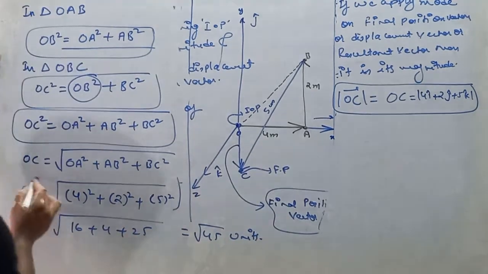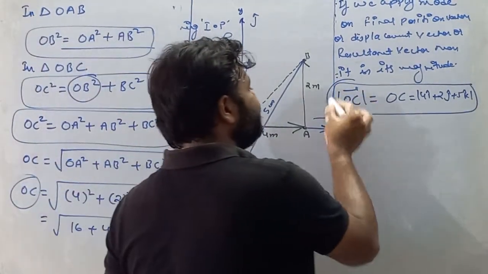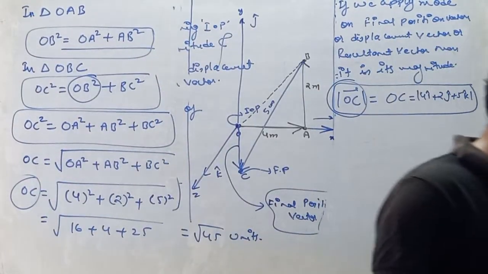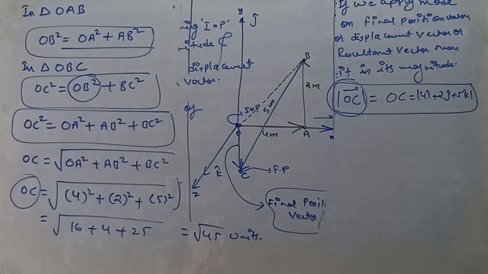Now see, OC is basically the magnitude of the resultant vector. So again, how to find the magnitude of the resultant vector?